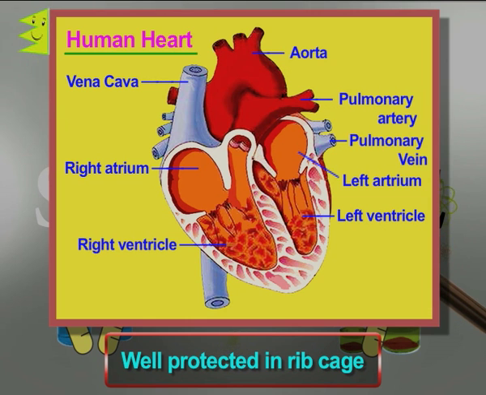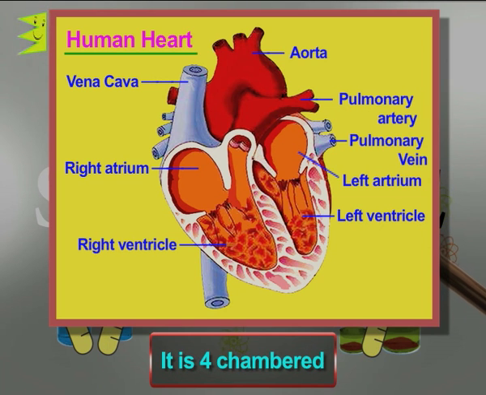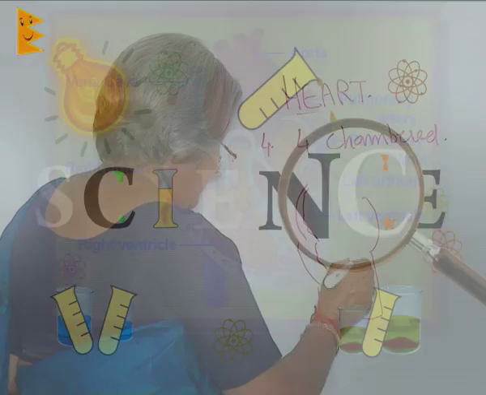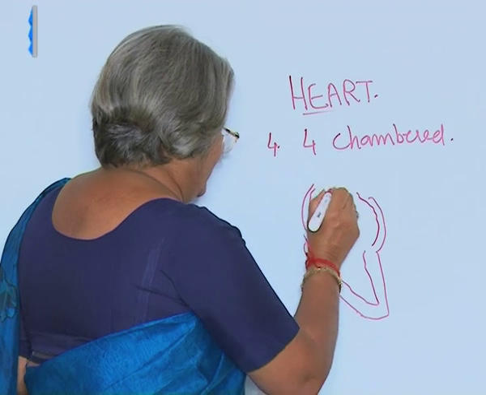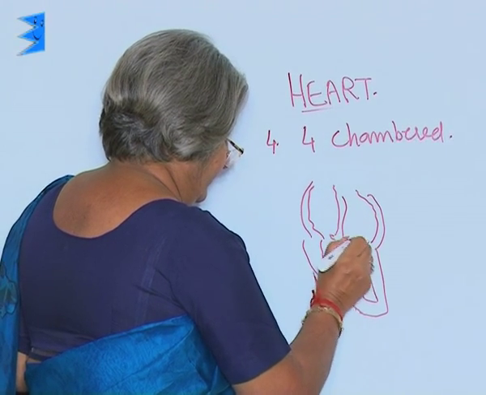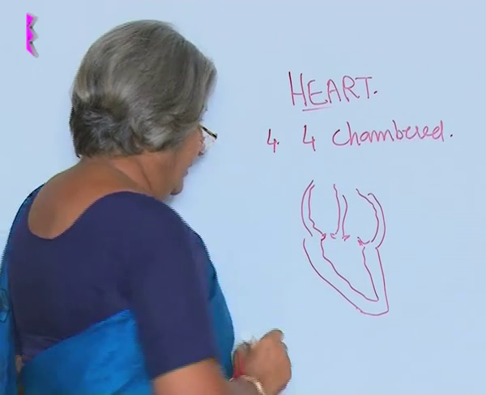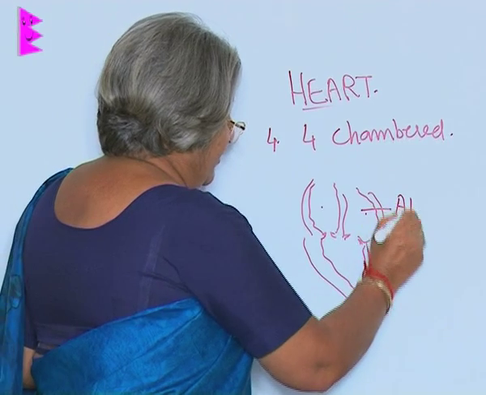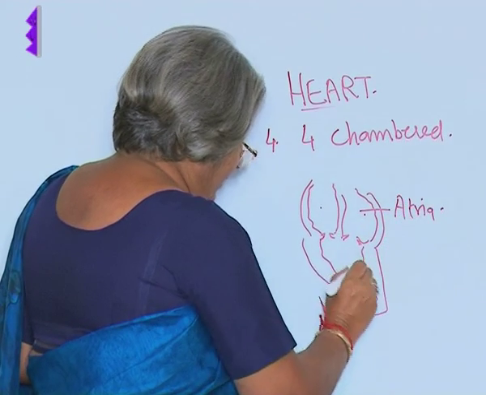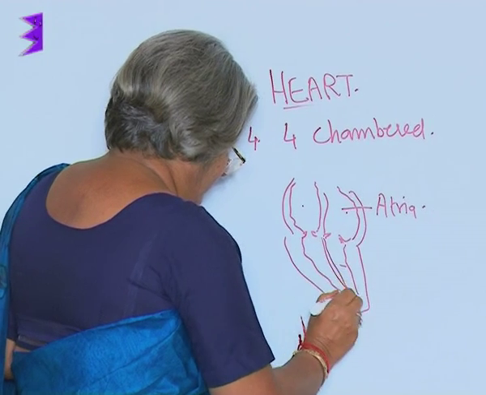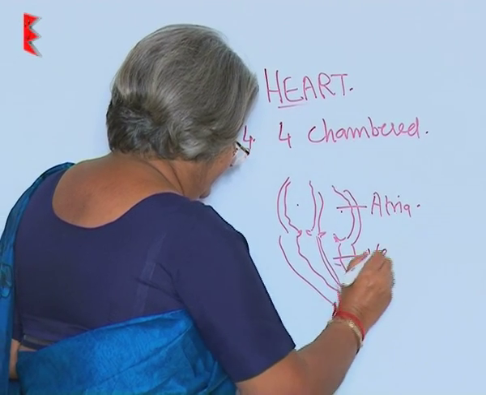Internally, heart is not like one room. Actually, it has 4 rooms or chambers. Now, why is it 4 chambered? Like this. These upper chambers are called atria and the lower ones are called ventricles.